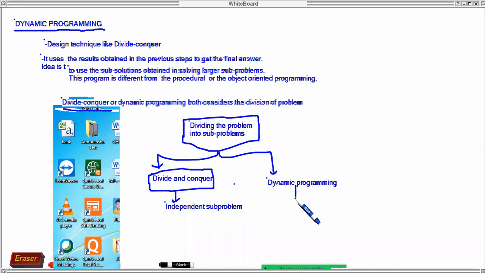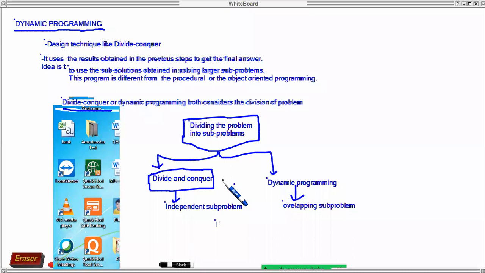But here it will be overlapping subproblems. This is the approach of dynamic versus divide and conquer. One more thing: dynamic programming generally uses the bottom-up approach.